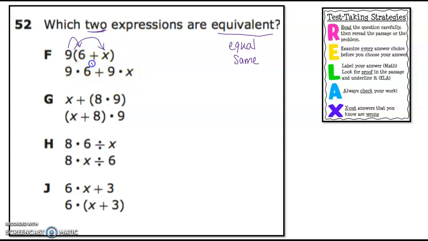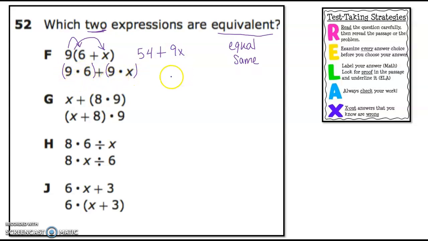In this case, you would do these two first because it's multiplication, and then these two first. Let's see if it gets the same thing. 9 times 6 is 54 plus 9x, right? Let's see if this gets us the same one.